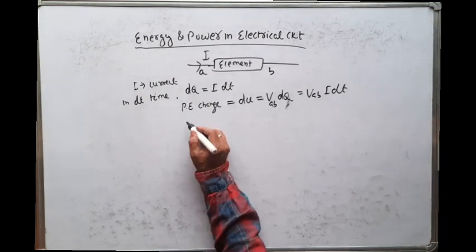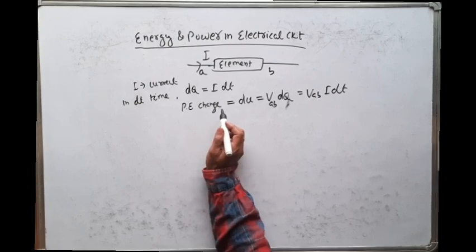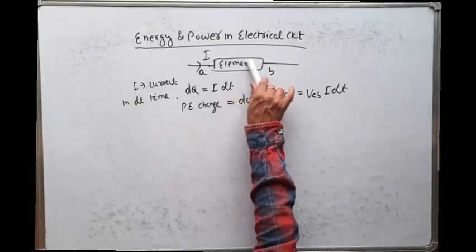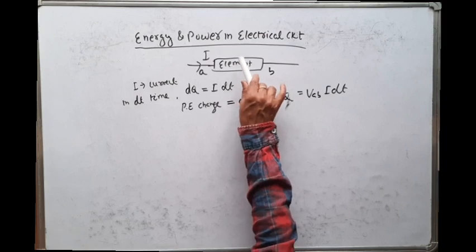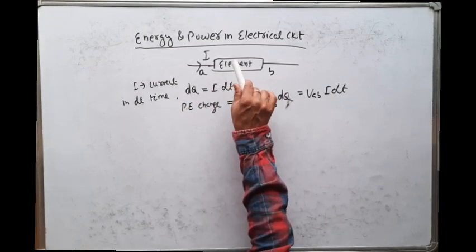And you know what is the rate of change of energy? That is the rate at which energy is transferred either into the circuit if it is a load or a resistance, or out of the circuit if it is a source like a battery.